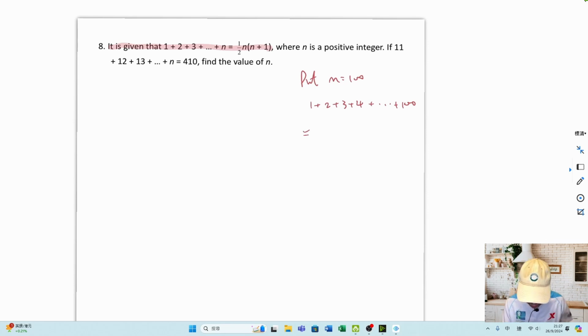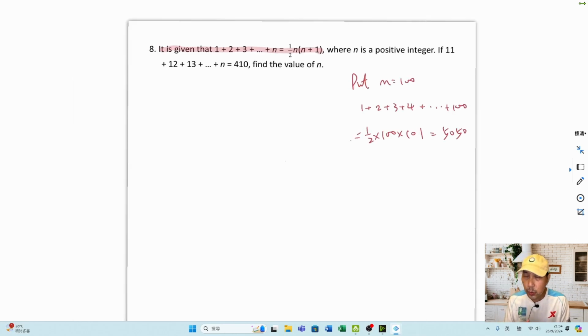That's equal to 1 over 2 times 100 times 101. So we have the sum. The sum is equal to 5050. So this formula is very useful to help us add the sum of the first n numbers. Now we understand the use of this formula. Now we continue the question.